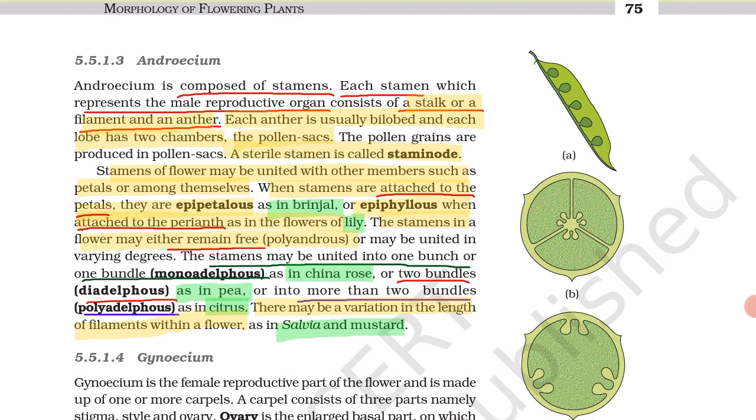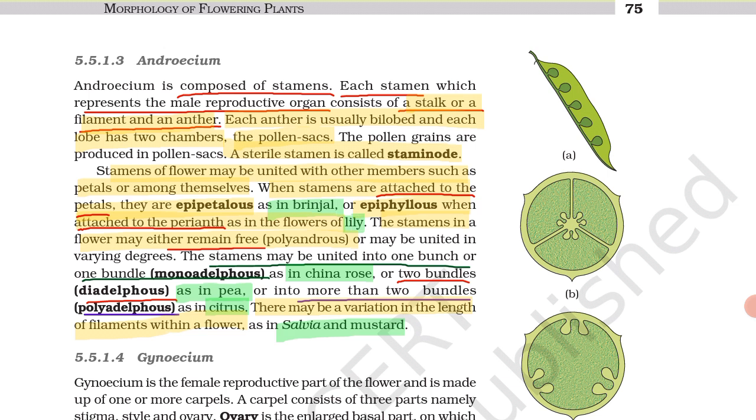When these stamens are united in two bundles, it is called diadelphous, and the example of diadelphous is pea. Or when the stamens are united in more than two bundles, it is called polydelphous, as in citrus. So the example of monodelphous is China rose, diadelphous is pea, and polydelphous is citrus.